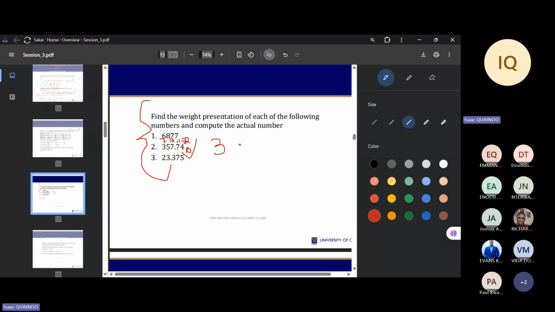So we have 3 times 10 raised to the power 2, plus the second one is 5 times 10 raised to the power 1, plus 7 times 10 raised to the power 0.